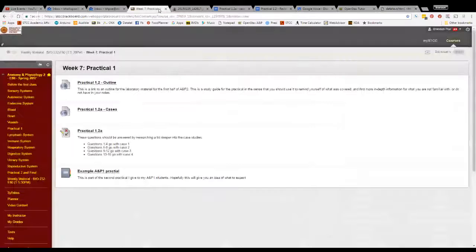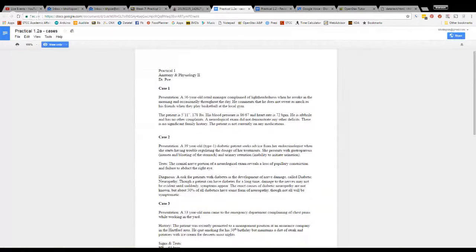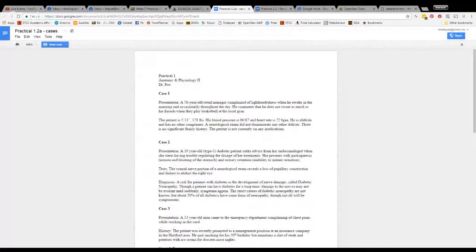Now, the day of the practical, when you come in, you'll be given a stapled sheaf of papers, which is the test that you'll be taking that day. At the top of the page, it will say Practical 1, A&P 2, and there will be a place for you to put your name. And the first thing you'll see is exactly what's on the page here, case 1.